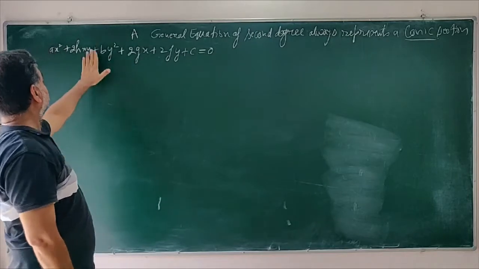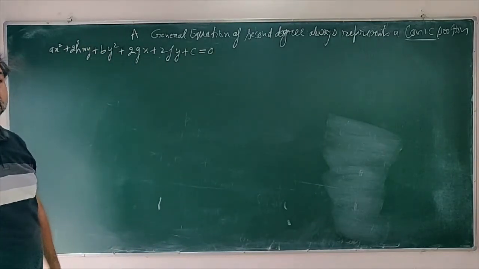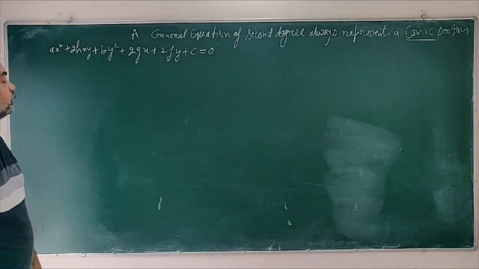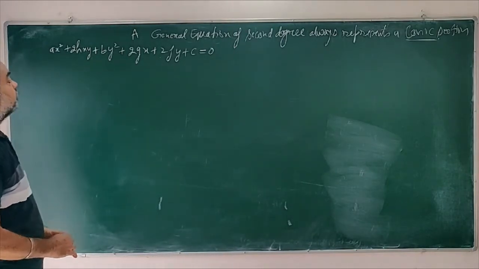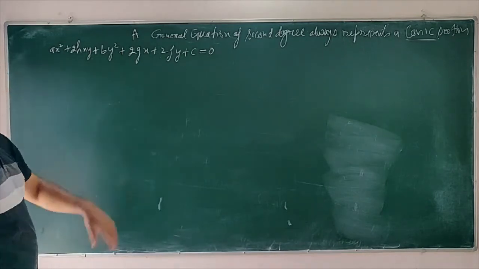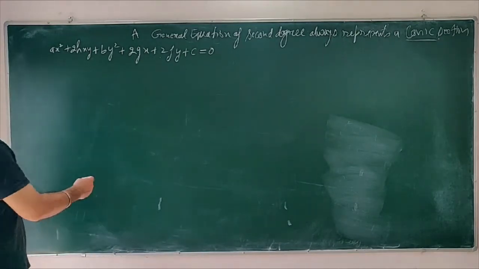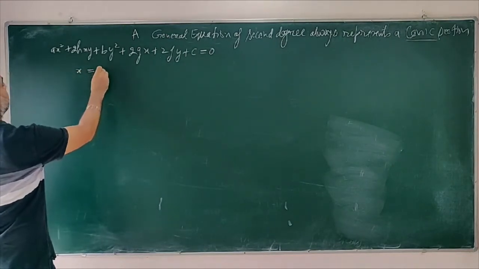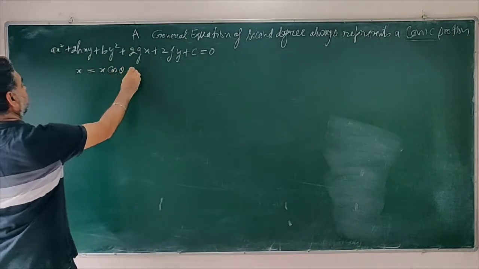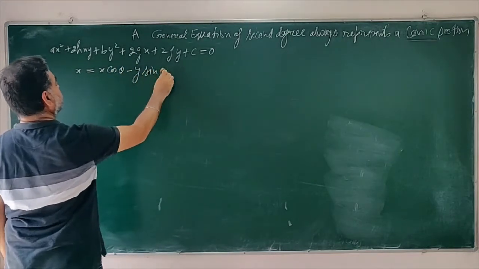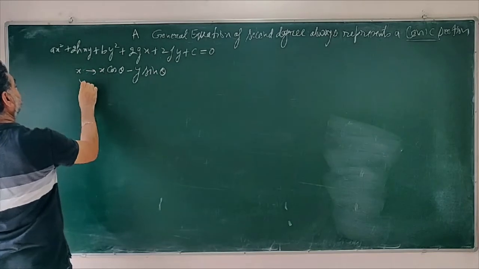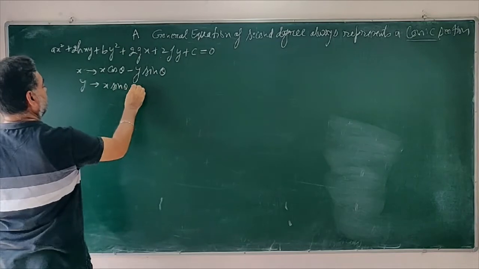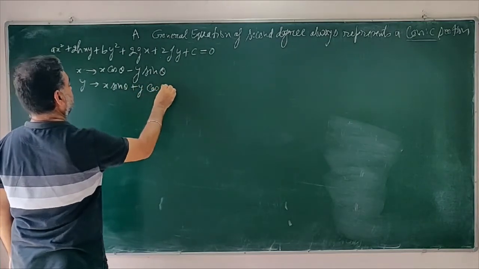So how do we show that? Suppose we have a general second degree equation in x and y where a, h, b, g, f, c are all constants. What we do is we rotate the axis by an angle theta by replacing x by x cos theta minus y sin theta and replacing y by x sin theta plus y cos theta.